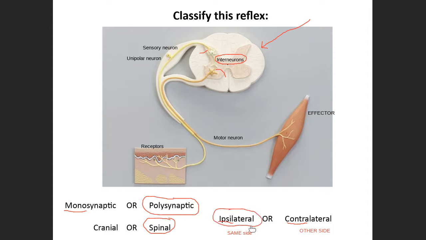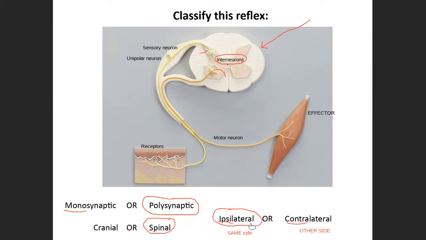So here's what we've done with this lab model. We've used it to remind ourselves what monosynaptic and polysynaptic mean. We've used it to remind ourselves what a cranial and a spinal reflex would mean. And we've used it to compare ipsilateral to contralateral.